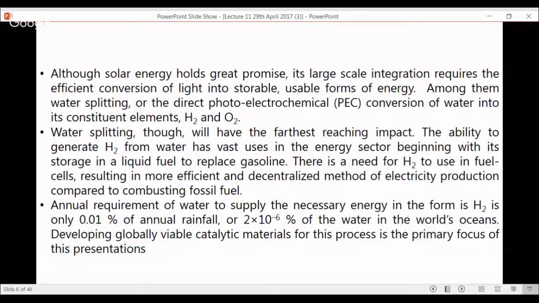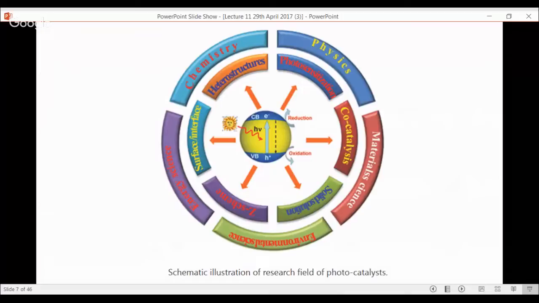So it is a very tiny amount, or 2 times 10 to the minus 6 percent of the water in the world's oceans. So you can see the magnitude of water required to produce the hydrogen fuel for the whole earth. Developing globally viable catalytic materials for this process is the primary focus of this presentation.